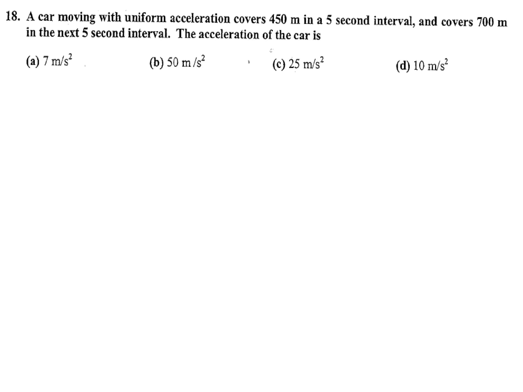So directly I am doing: S1 equals 450 meter, T1 equals 5 seconds, S2 is 700 plus 450, which is 1150 meter, T2 is 5 plus 5, 10 seconds. Acceleration we have to find out.